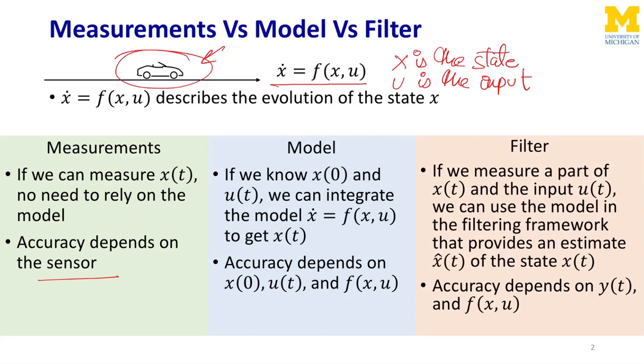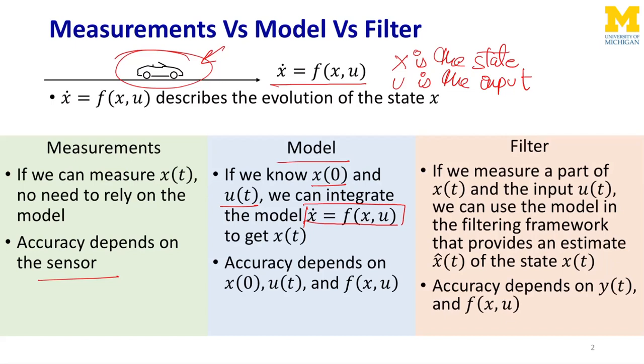Now, on the other hand, we have a model of the system. The model is x dot equals f of x and u. If we know the initial condition x at 0 and the input u of t at all times t, then we can integrate this model and get x of t at all times.